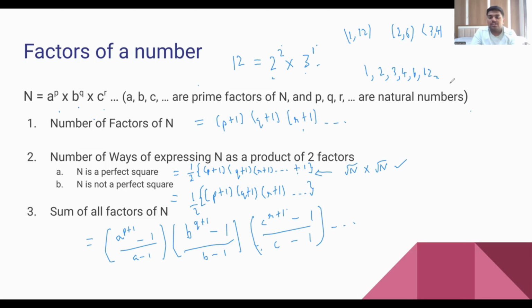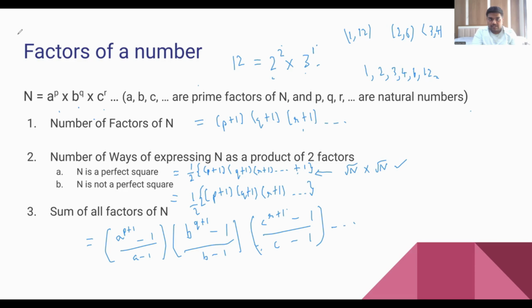And using the formula, we will get 2 to the power 3 minus 1 upon 2 minus 1, which is 7 by 1, which is 7. And this is multiplied by 3 to the power 2, 9, 9 minus 1 upon 3 minus 1, which is 8 by 2, which is 4. So 7 fours are 28. So yes, the formula has been verified as well.